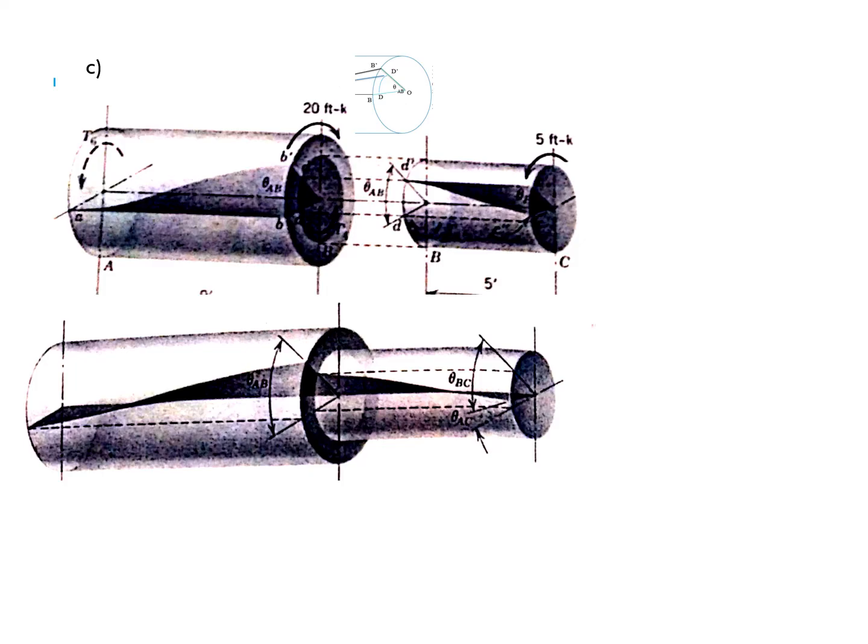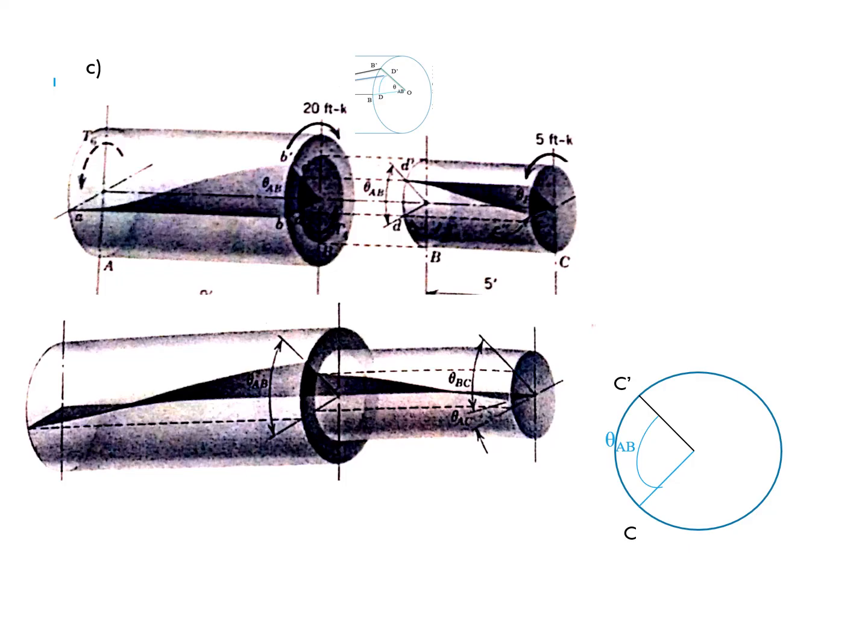So the difference between theta AB and theta BC is theta AC. This can be understood by this diagram. Initially the point was at C, in the BC segment. When 15 foot K load is applied on the AB segment, C moved to C dash. This is theta AB.